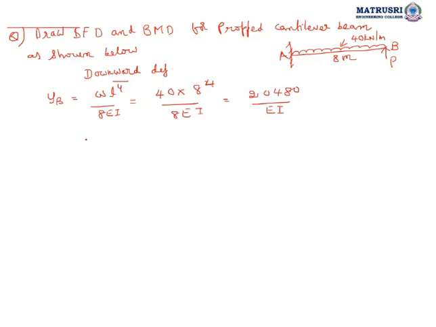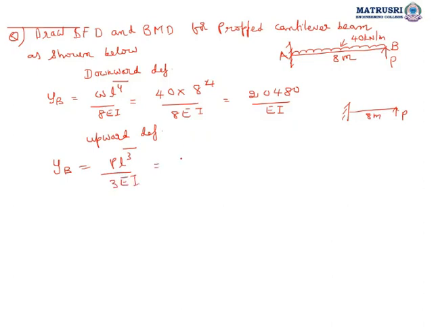Downward deflection is over. Then we will go for upward deflection. Upward deflection is due to which one? Due to P. P and this is 8 meters. So PL cube by 3EI.